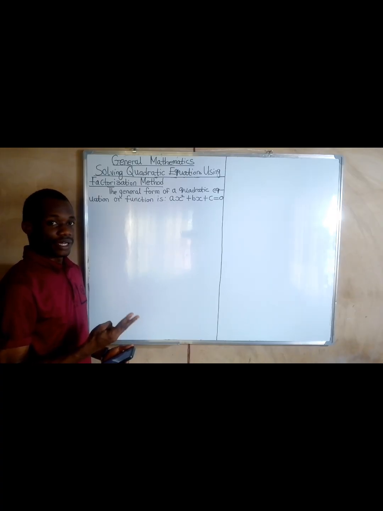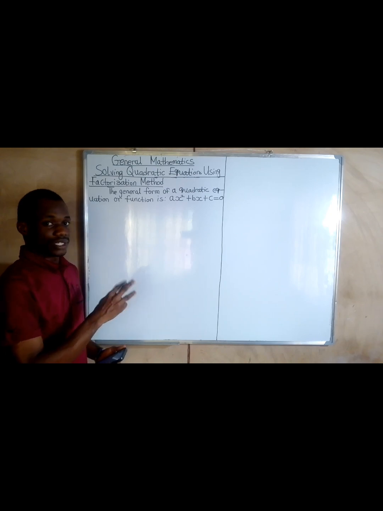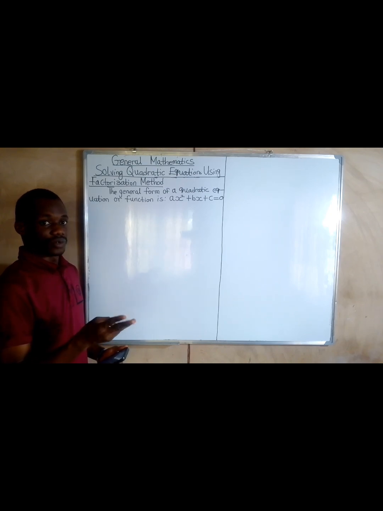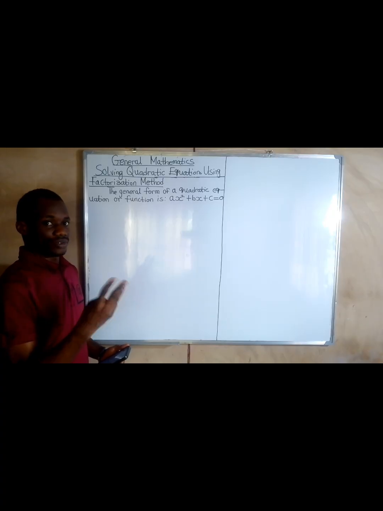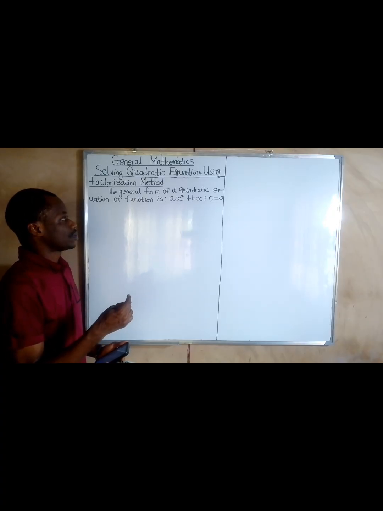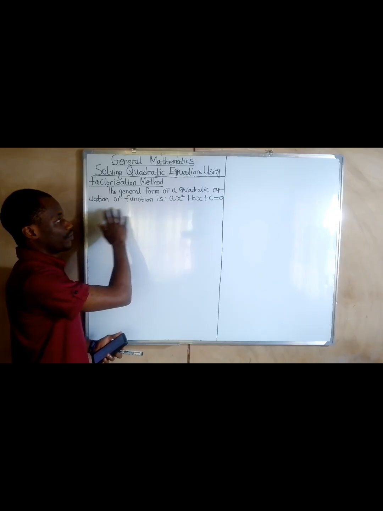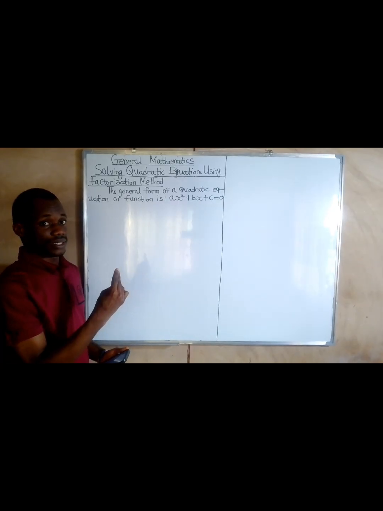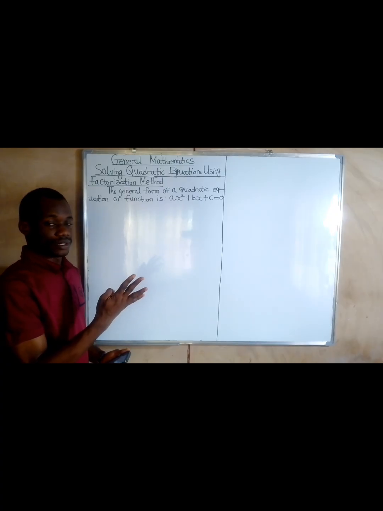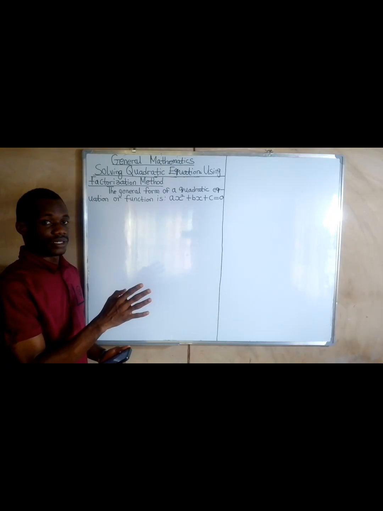Although the almighty formula only solves quadratic equations, it cannot solve any other equation like polynomial equations and so forth. Then the fourth one is the graphical method, where you use the graph to determine the roots of the equation.